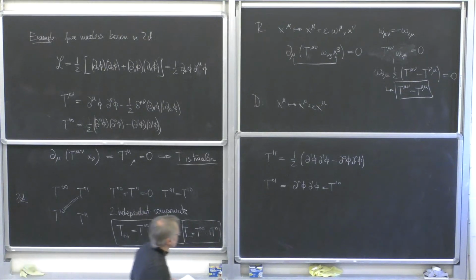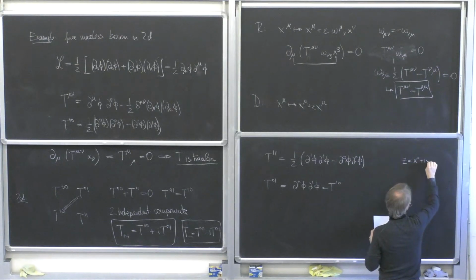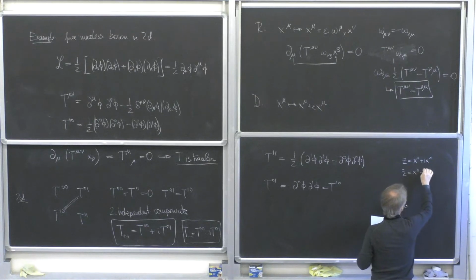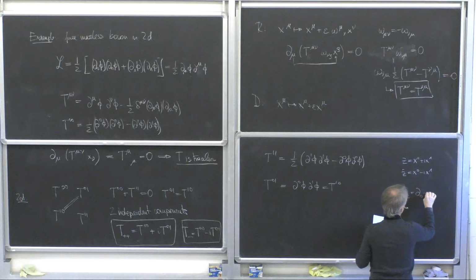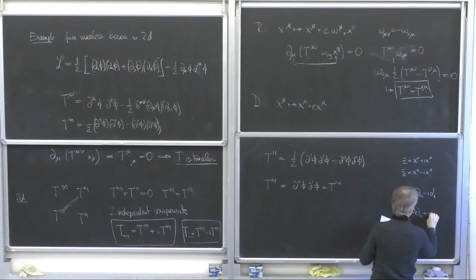And now, as I already advertised before, it's convenient to introduce complex variables. So what we'll do is define z to be x0 plus i x1, and z bar to be x0 minus i x1. Then d by dz will be a half of d by d0 minus i d by d1, and d by dz bar will be d0 plus i d1.